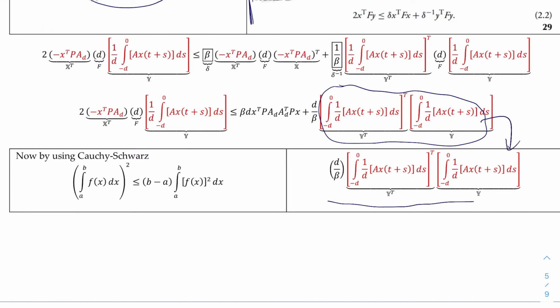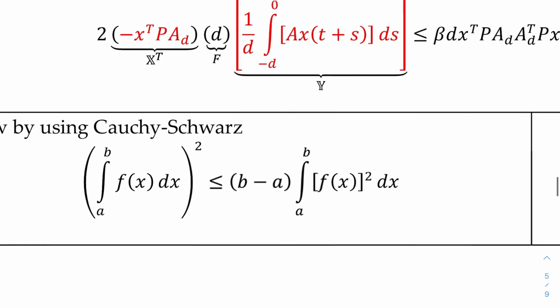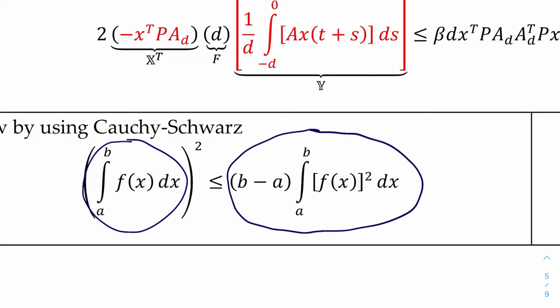So we have that, right? However, we also have something called Cauchy-Schwarz, and let me delete that and write Cauchy-Schwarz here. So we have some definite integral, by the way, and we squared that. If you have that term, you can find an upper bound, and the upper bound is given by this term.